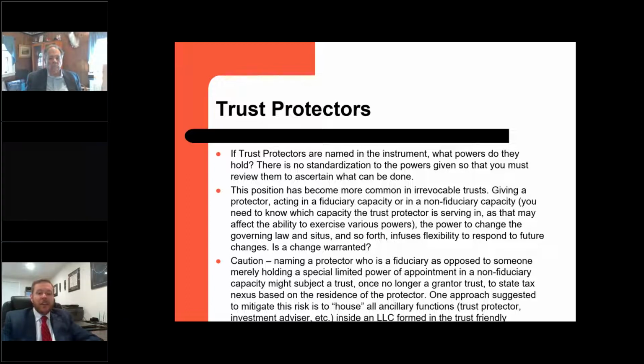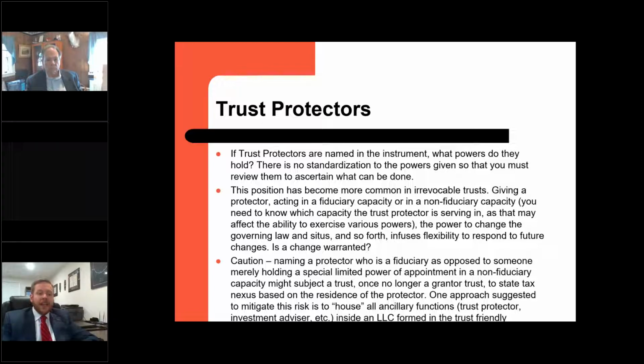There are many different things that people have given the power for the trust protector. So you need to look at the trust and ask what particular powers there are for the trust protector in this trust. Especially if you haven't drafted it, you don't know what's in there, because there's really no defined role for a trust protector. It's still a relatively new power that people have been given.